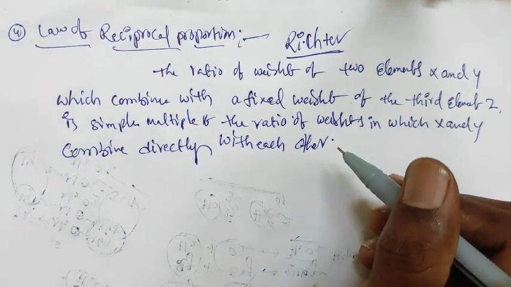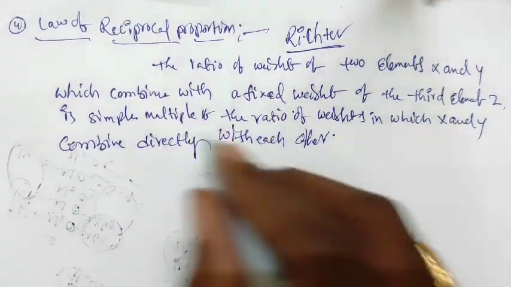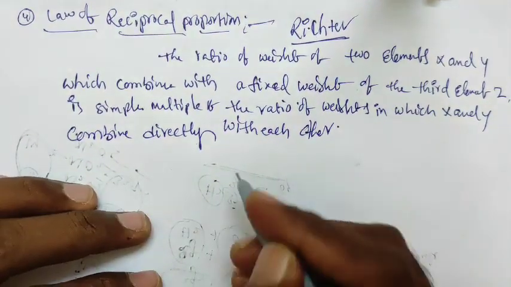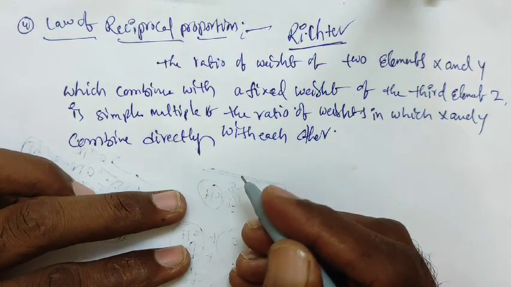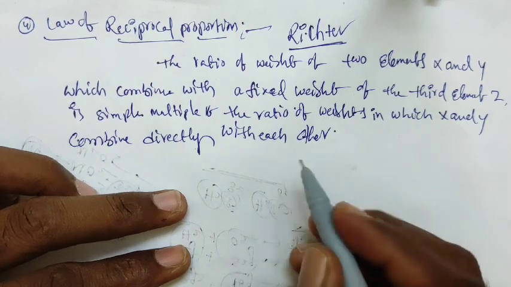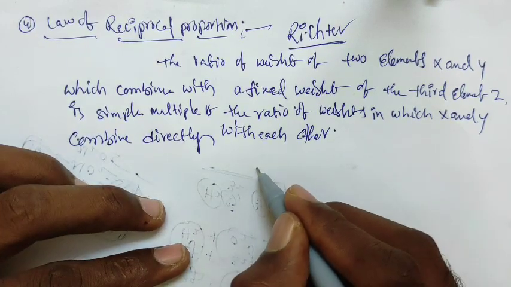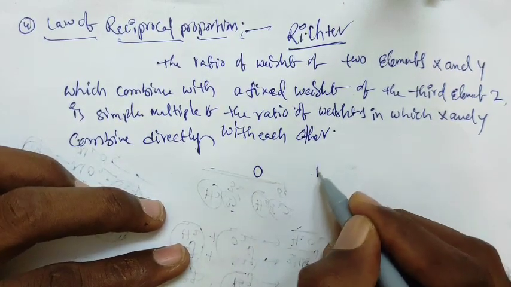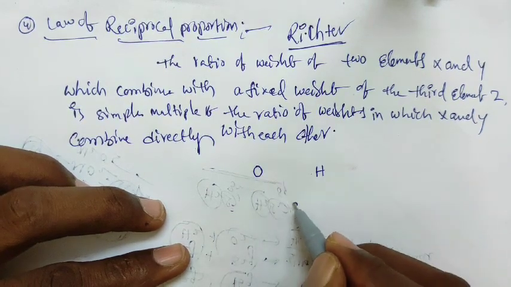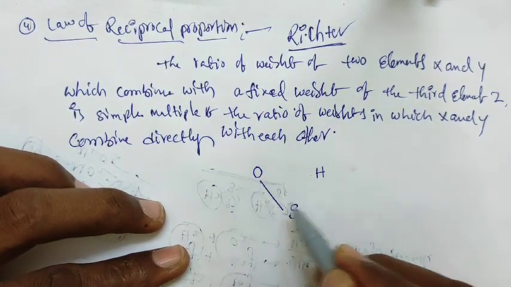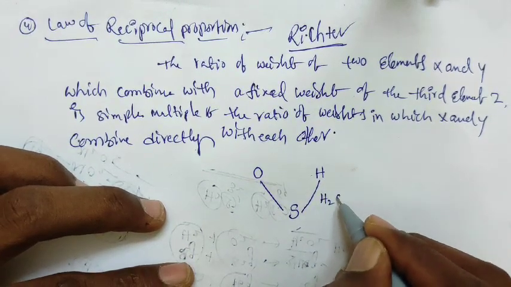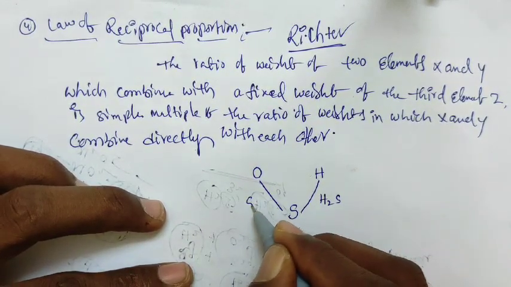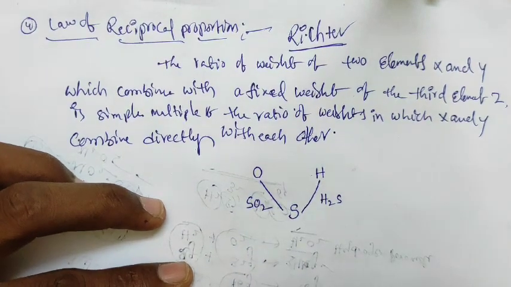Let us take one example, then you can understand this. Example: two elements, oxygen and hydrogen, separately combine with the third element sulfur, and we get H2S and SO2, right?